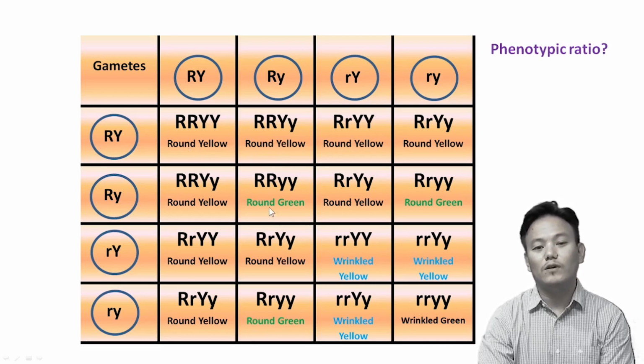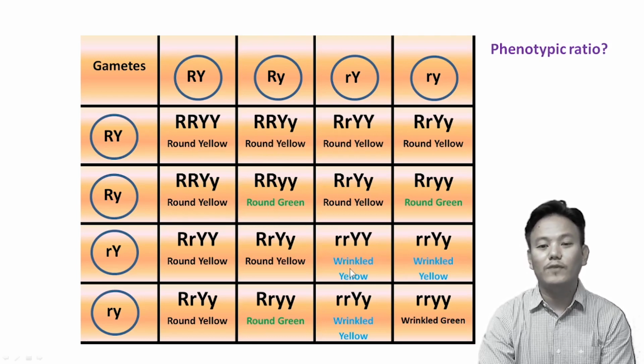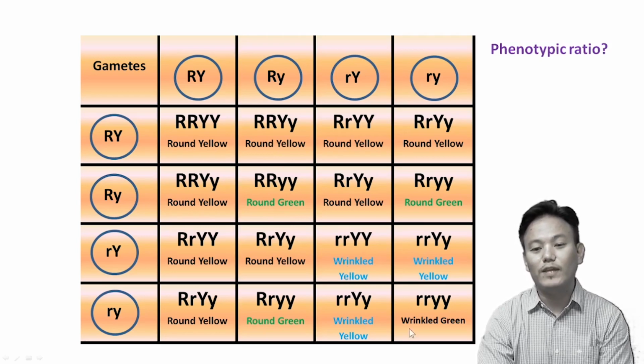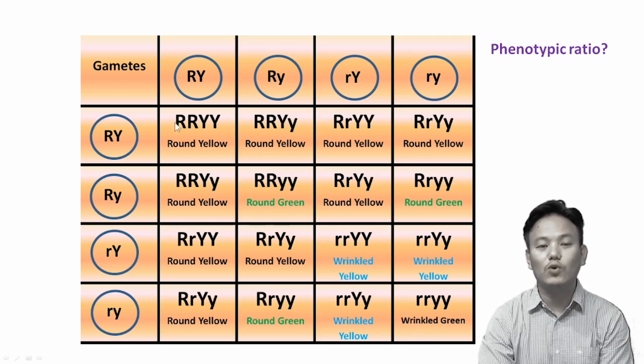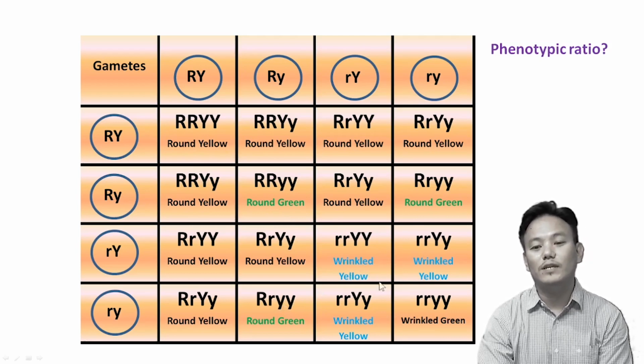We have got round and green, and then we have wrinkled and yellow, and finally we have wrinkled green. So what are the proportions, or what is the ratio of these characters? So I already counted. We have got round and yellow 9 individuals. We have got round and green 3 individuals out of 16. And we have wrinkled and yellow 3 out of 16, and finally we have wrinkled green 1 out of 16.